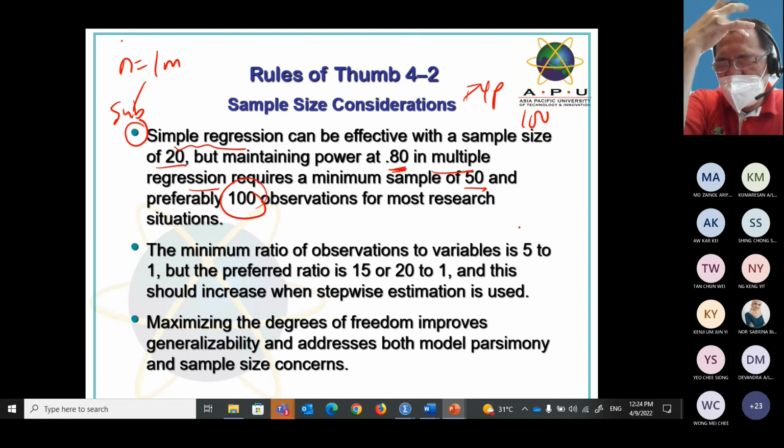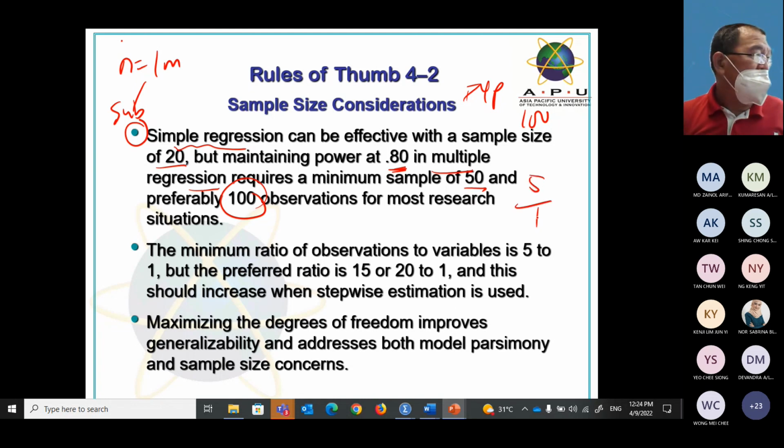One student asked me about parsimony, therefore 5 to 1: one variable for 5 observations. So let's say you've got 100, therefore 20 variables is still okay.